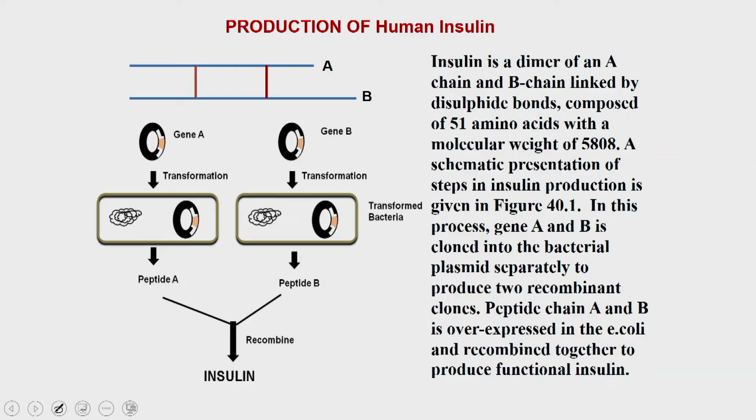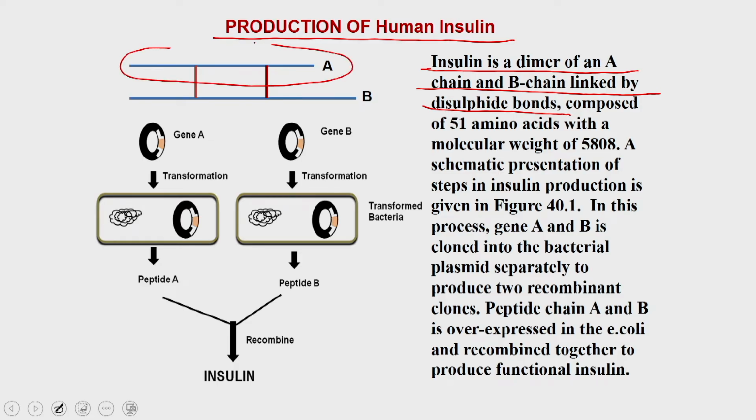Now, let us take an example of the production of human insulin. Insulin is a dimer of an A chain and a B chain, which are linked by disulfide bonds. In insulin you have two chains, one called the A chain and another called the B chain, and both are produced separately and then linked with each other by disulfide linkages.